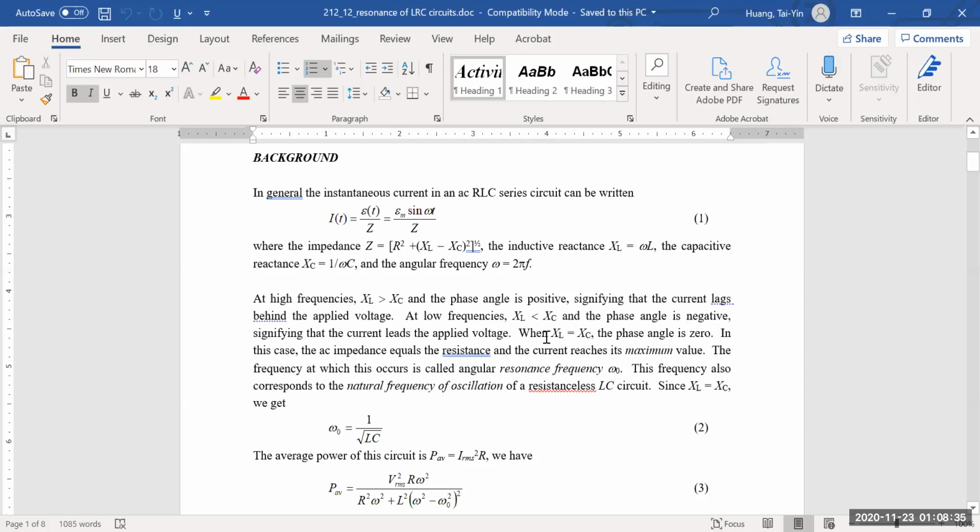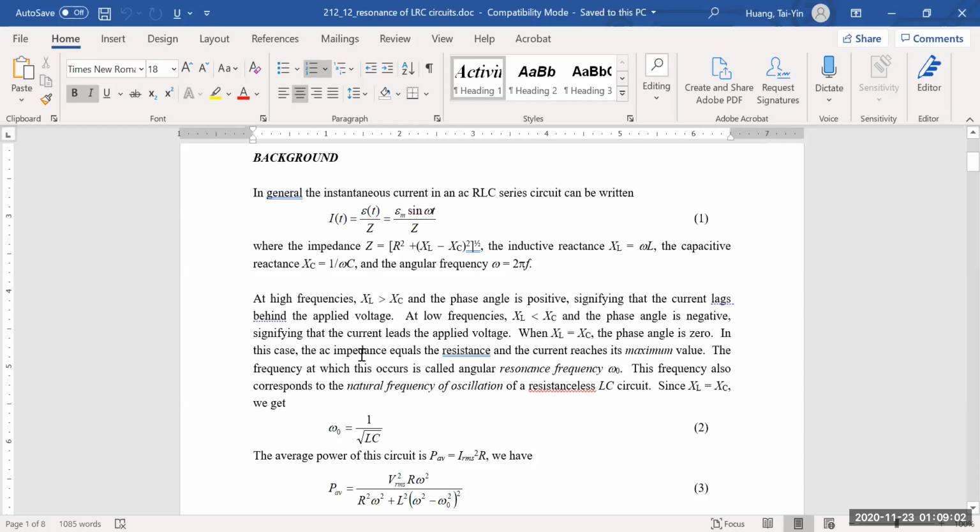What happens when XL is equal to XC? If you look at this equation, it means that XL and XC cancel each other. And so your Z, the impedance, is just equal to R, and the phase angle is zero, meaning that they are in phase.